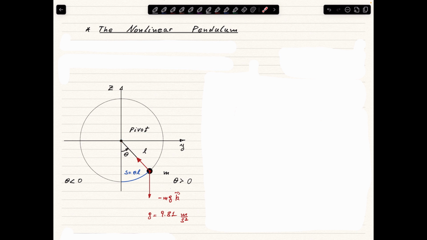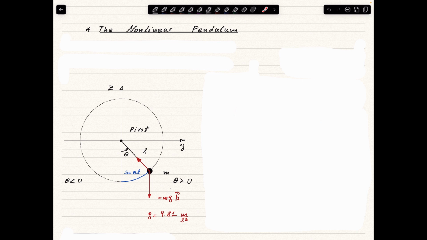So the movement of this object of mass m is going to be on a circle of radius L. It has to move on that circle because this stick is rigid, and we assume it is massless. All the mass is concentrated in the object at the end.